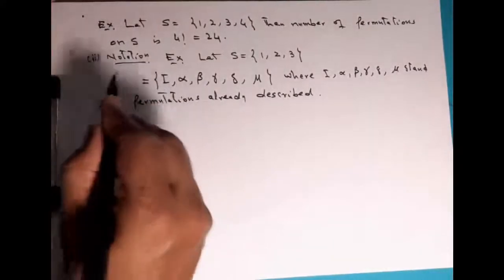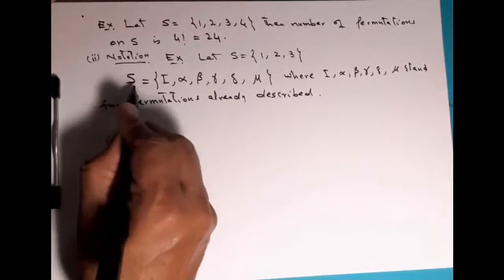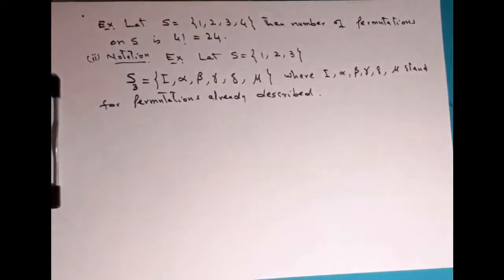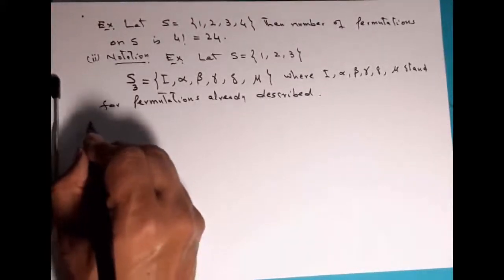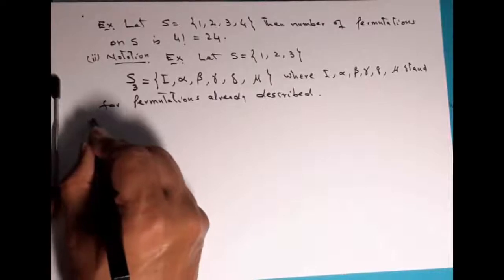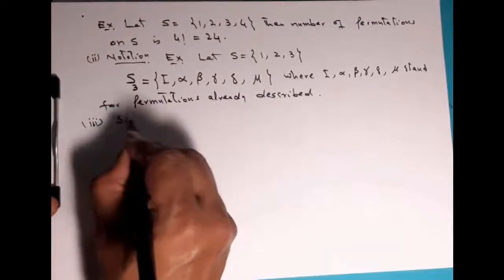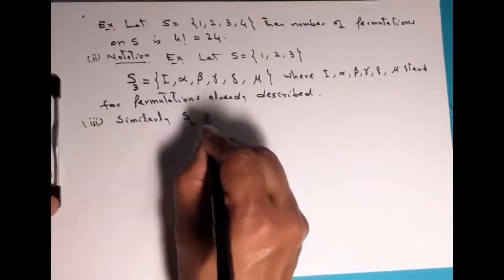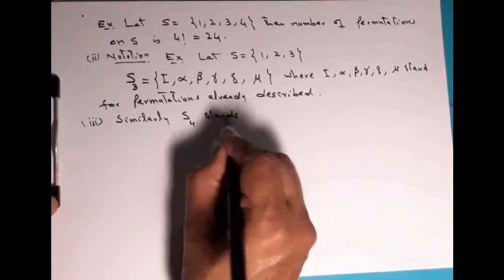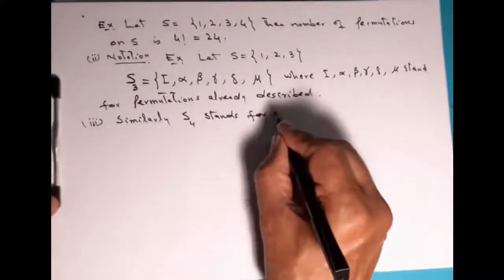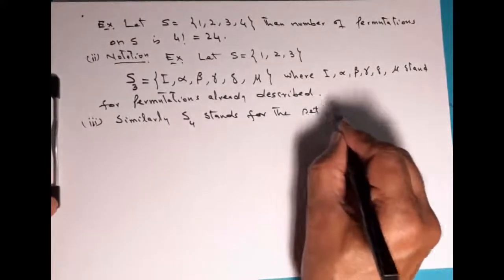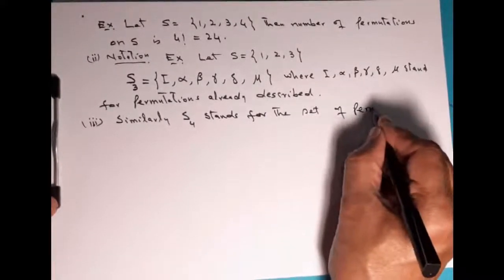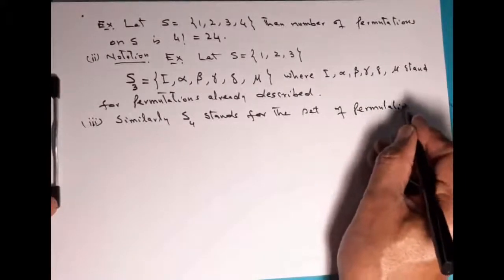We write this set of permutations as S3, the set of permutations on 3 elements. Similarly, S4 stands for the set of permutations on 4 elements.